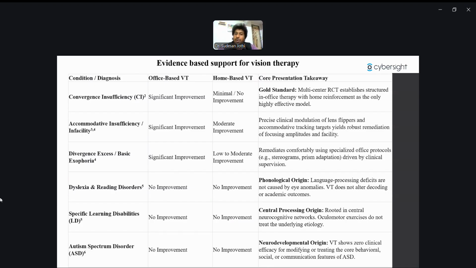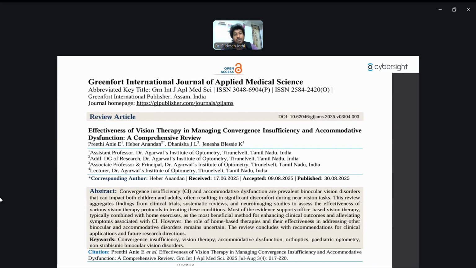Research strongly supports this, and I also want to mention something about the articles. This article shows the prevalence of NSBVA, non-strabismic binocular vision anomalies, and the need for vision therapy, which has a high prevalence rate.